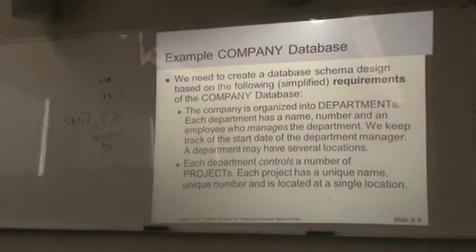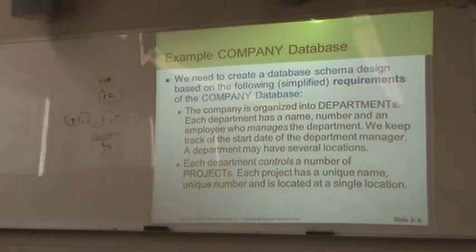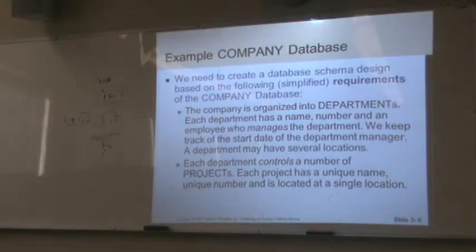Okay? So then, each department controls a number of projects. Each project has a unique name, a unique number, and is located at a single location. We store each employee's social security number, address, salary, sex, and birthday, and so on. Each employee may have a number of dependents, and so on.